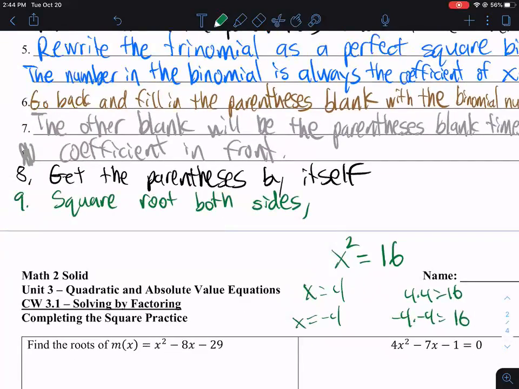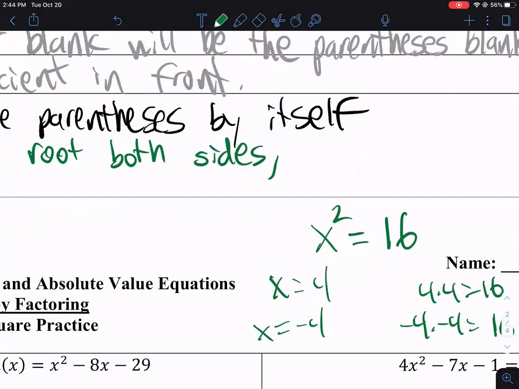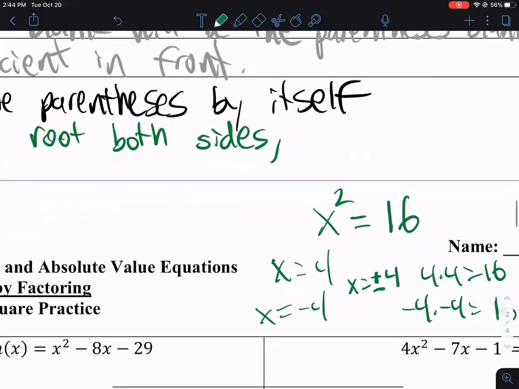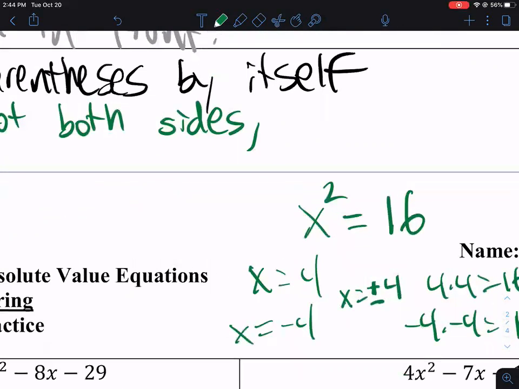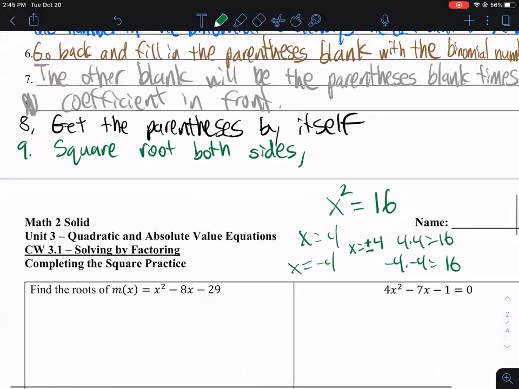So the way we can write this, instead of saying x equals 4 and x equals -4, is we can use what's called a plus minus symbol. So it's literally an addition sign over a subtraction sign, but that means both positive and -4. Since you can always get both the positive and the negative versions of the same number, we will always need to include this plus minus sign.